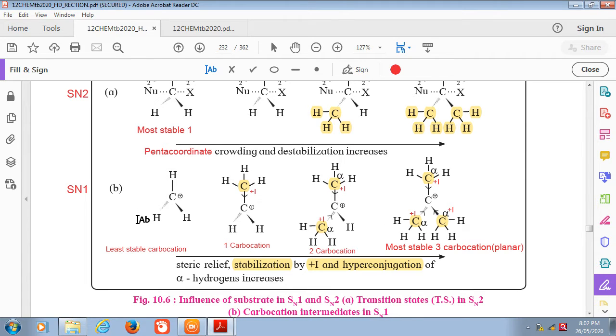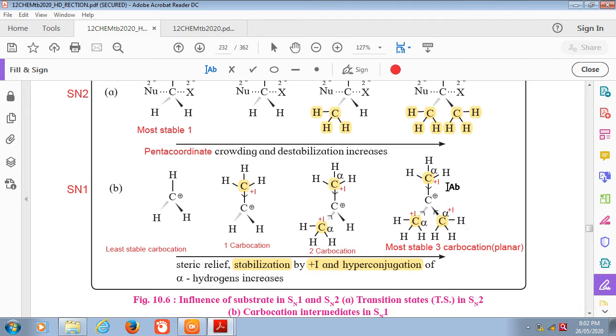So this is the least stable, the methyl carbocation, and this is the most stable, the tertiary butyl carbocation. All are planar, no doubt, but in tertiary butyl carbocation there is more inductive effect as well as more hyperconjugating structures.